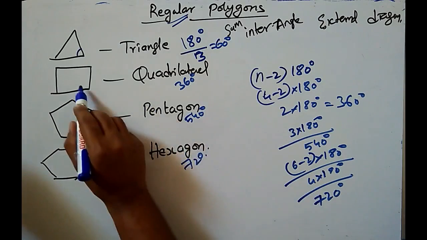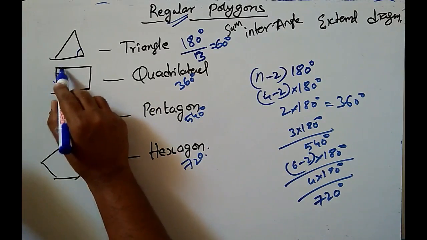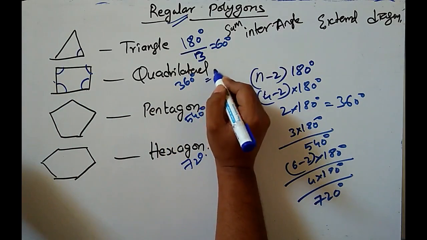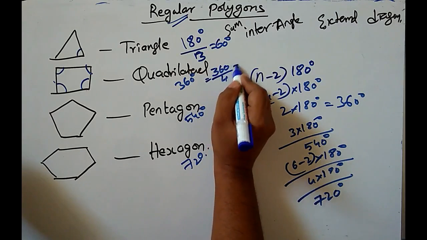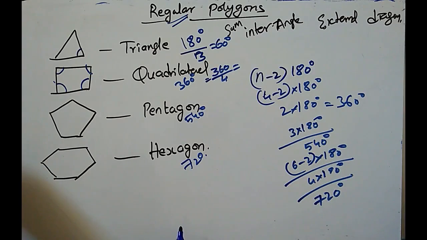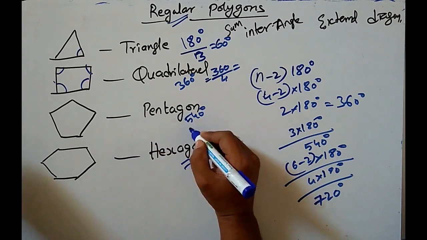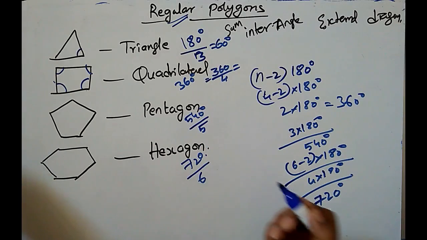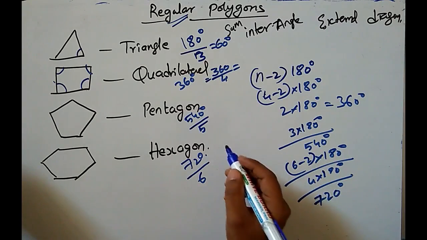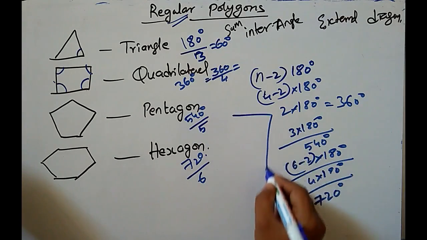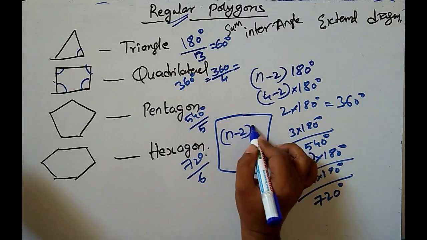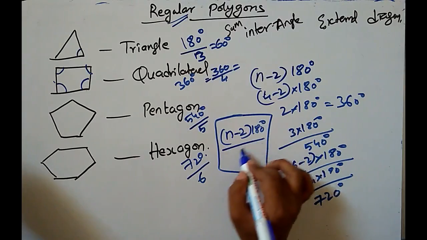A quadrilateral has 4 angles, and each angle is equal, so each angle becomes 360 by 4. In the same way, 540 by 5, 720 by 6, or we can say that each internal angle formula is given by n minus 2 into 180 degrees by n.